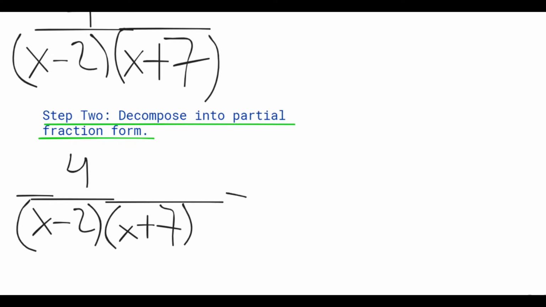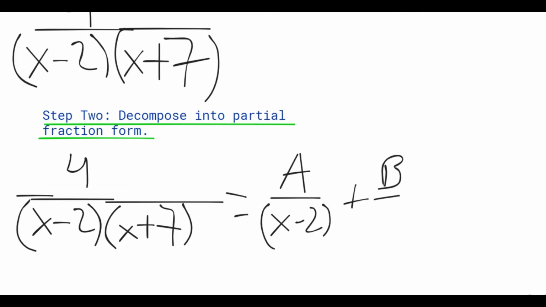But basically what we do is, since we have x to the power of 1, we just do a divided by x minus 2 plus b divided by x plus 7. Why did I do that? All I simply did was split this up. This is called decomposing into partial fraction form. This is the key step to doing partial fraction integration.